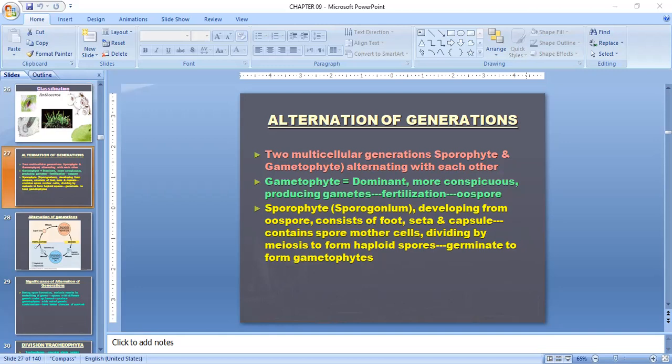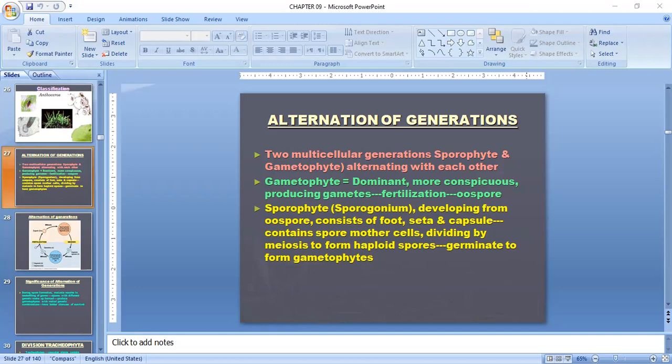The spores with different genetic makeup are formed due to recombination, and they produce gametophytes which have a varied genetic combination as compared to the parental combinations, and they have better chances for survival. This is the main significance of alternation of generation.